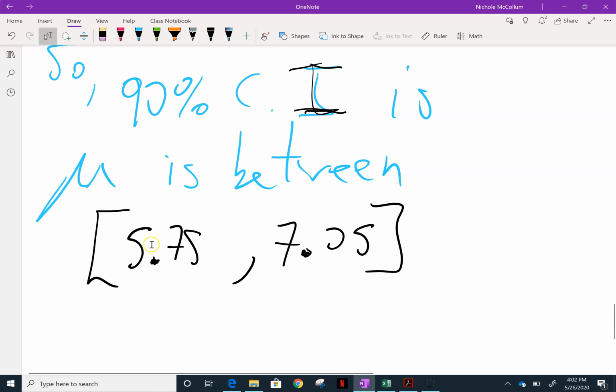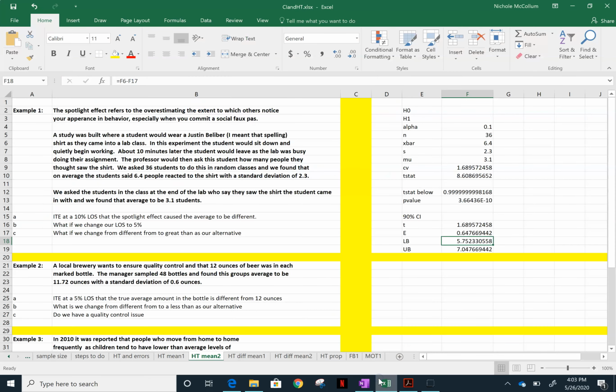Again, in the student's perception in the spotlight effect, they believe at the low end 5.75 and at the high end 7.05. They believe with 90% confidence that that's the true number actually looked at them. We know the national number is 3.1, but in the student's perception, it's somewhere between there. Hence, it's a third check. I've rejected because my sample statistic is above the critical value. Reject 1. Reject 2. My p-value is well under alpha.